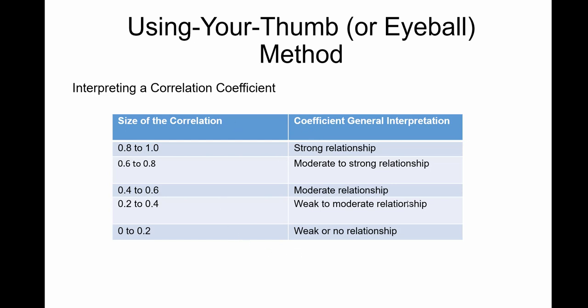So that is what we will use for part of our APA format. You'll need the direction and you'll need the strength. Okay, I'm going to wrap that up, and then in the next video we will continue on, talk about something a little more abstract, as well as get into our steps to computing a correlation coefficient.